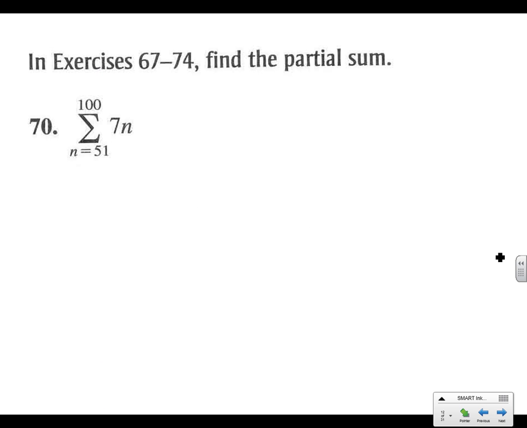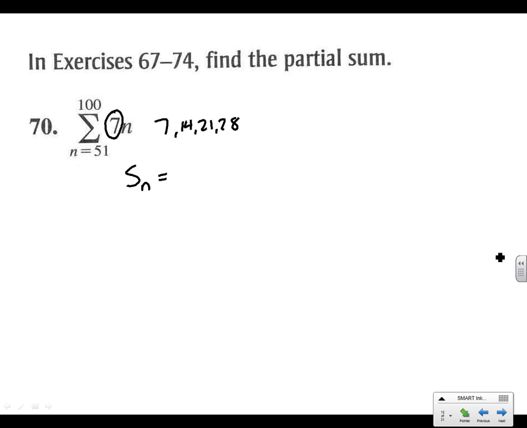All right, 70, find the partial sum here from 51 to 100 of 7n. So sum of n, we use our formula again. Now we know this is arithmetic because it's counting by sevens here. This 7 times n is going to be arithmetic. If we plugged in 1, we'd get 7. If we plugged in 2, we'd get 14, then 21, then 28. Okay, so we know this is arithmetic.